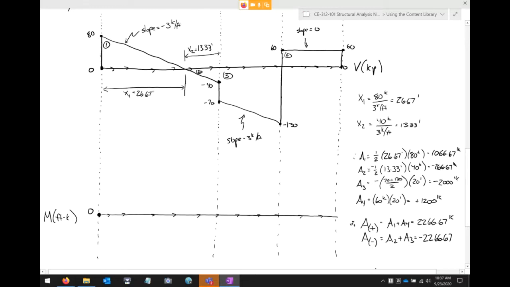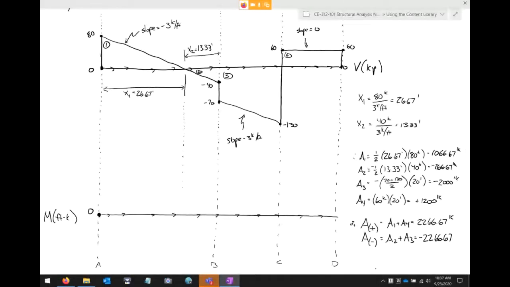Now let's start off with region 1. Region 1 doesn't go all the way over to B, right? Remember, this is like point A, B, C, and D. Region 1 actually kind of stops right there. So I'm going to put another guideline down.